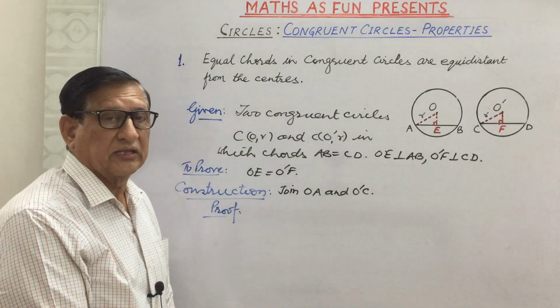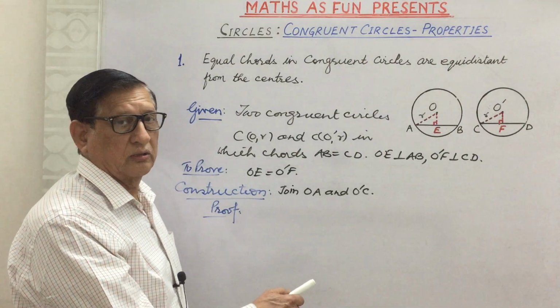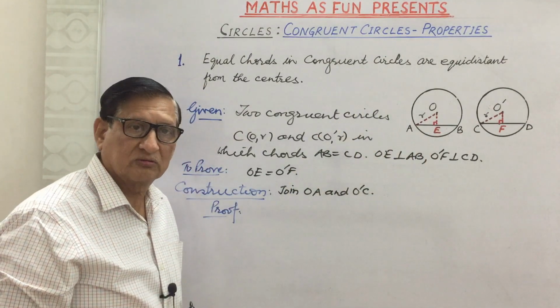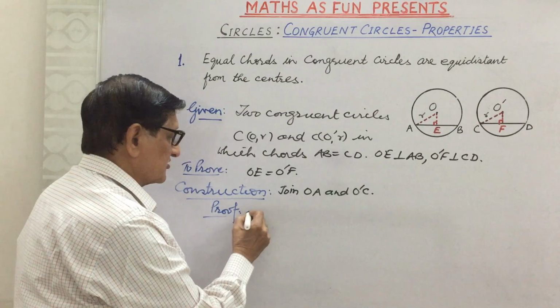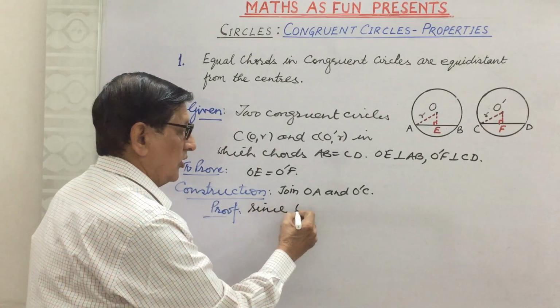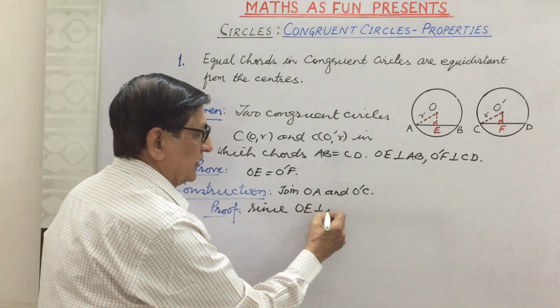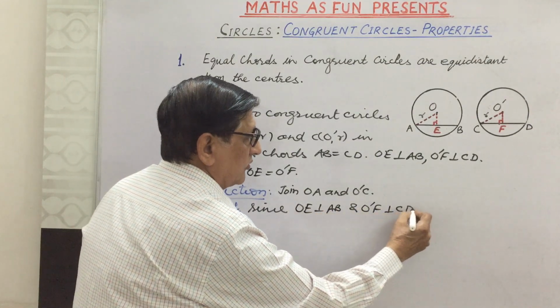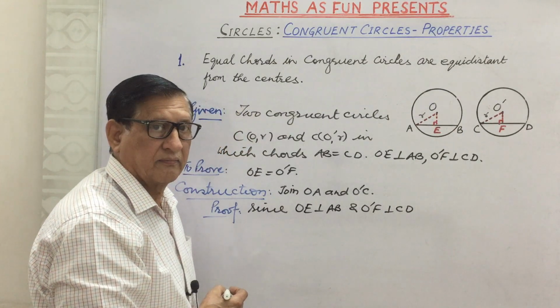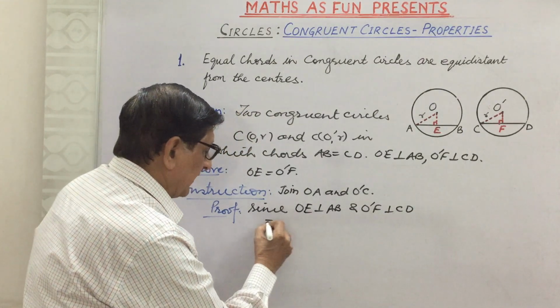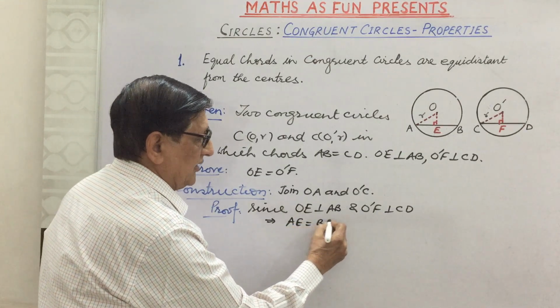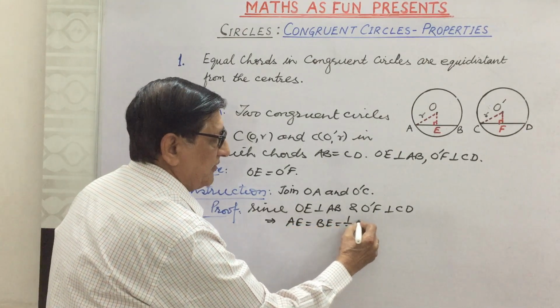We know that if we draw a perpendicular from the center to a chord, that bisects the chord. So we'll write, since OE is perpendicular to AB and O dash F is perpendicular to CD, this implies that AE is equal to BE is equal to half of AB.